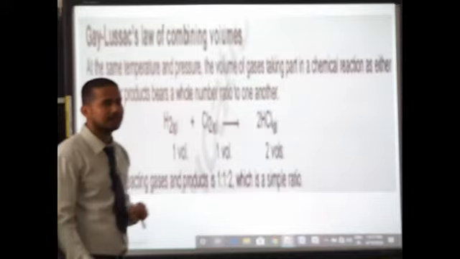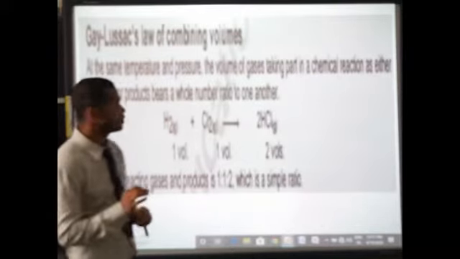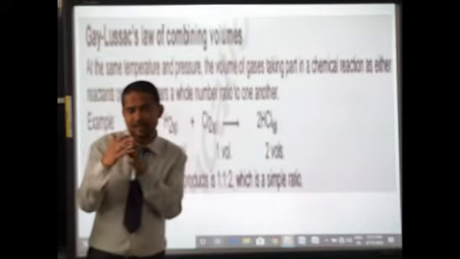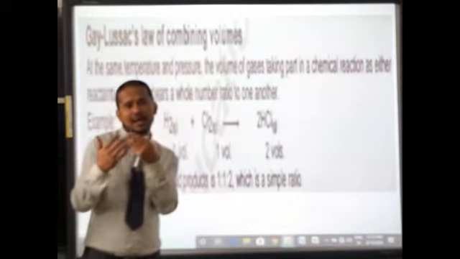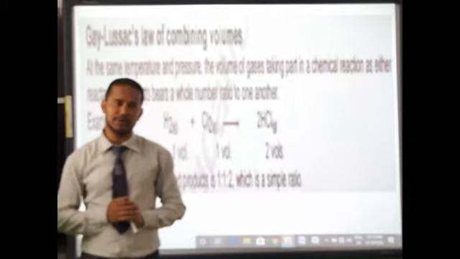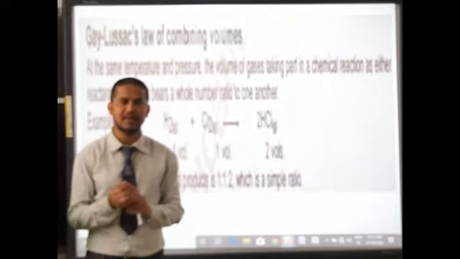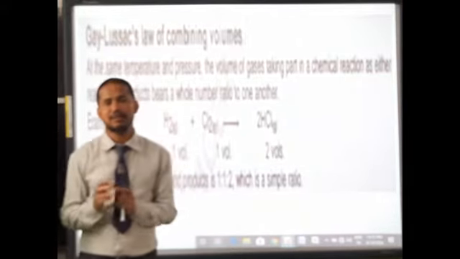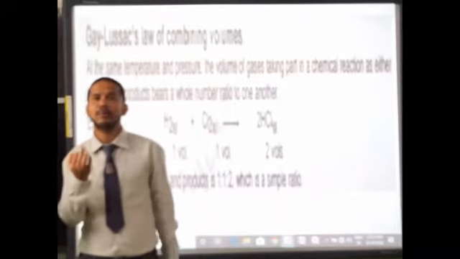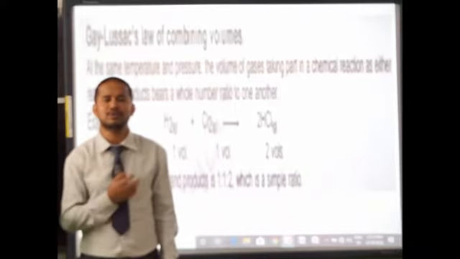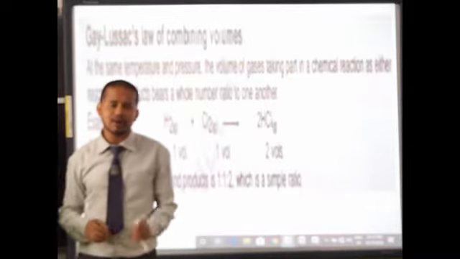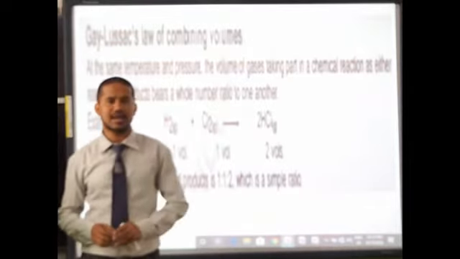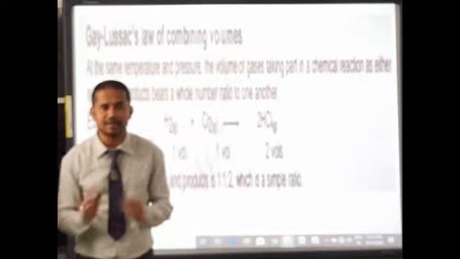It cannot be a fraction and it cannot be a decimal. That means I cannot say 1.5 volumes of nitrogen reacts with 2.3 volumes of oxygen to give nitrogen oxide. I cannot say that.